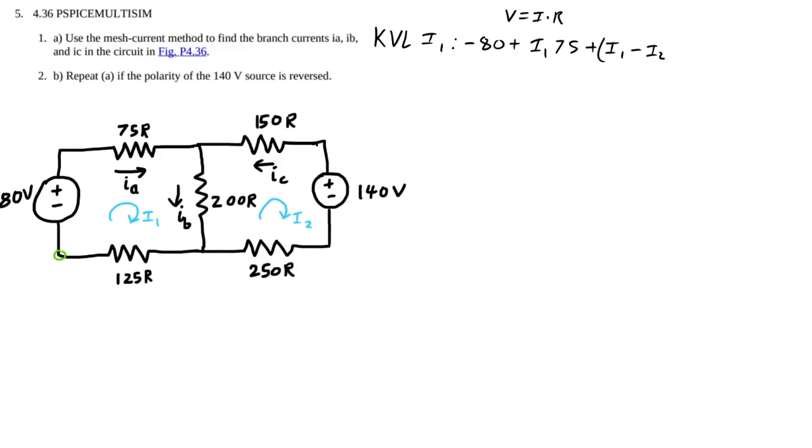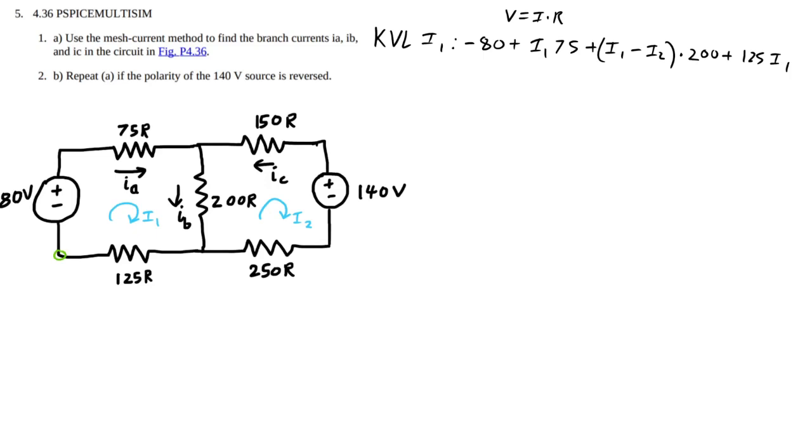So I1 minus I2 times 200, and then plus 125 I1.